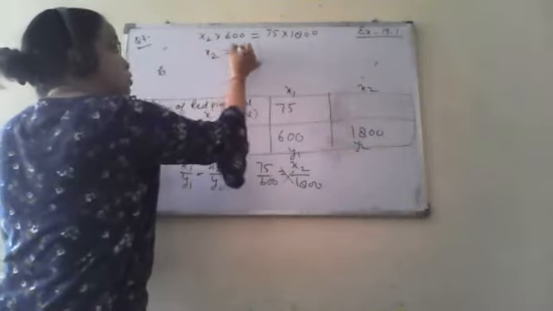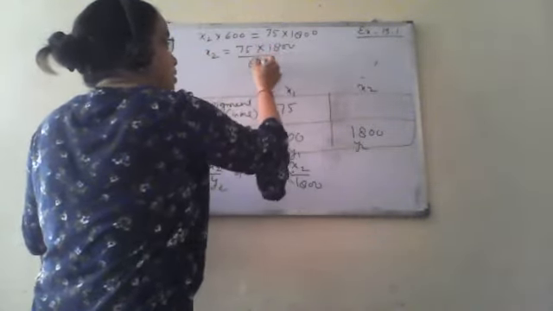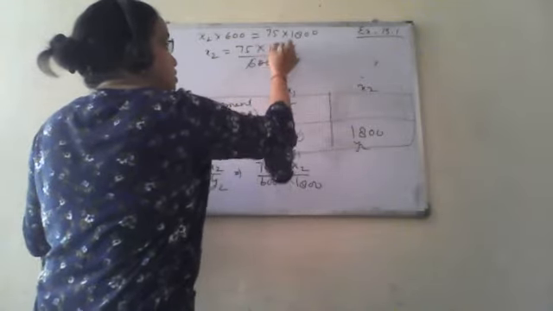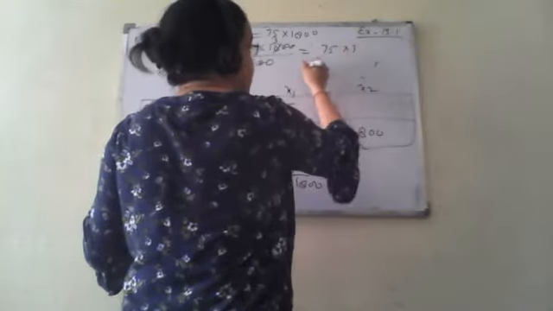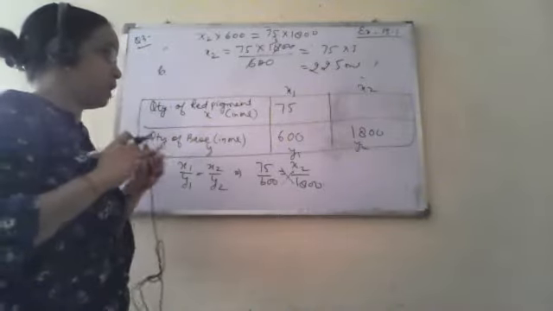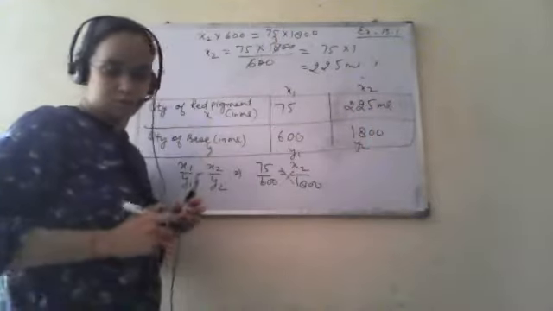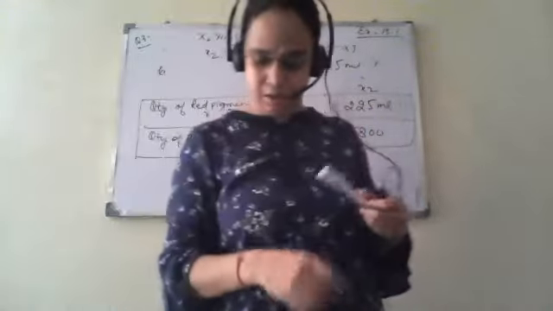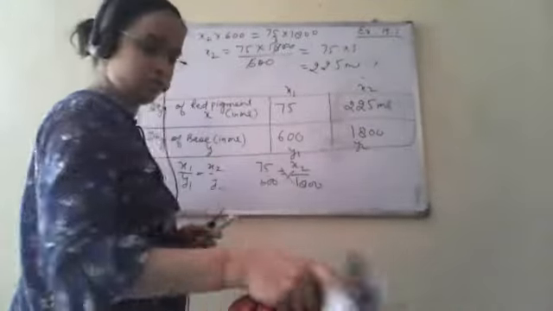Therefore, x2 equals 75 into 1800 upon 600, so this is 3, and x2 equals 75 into 3, that is 225 ml. Means for 1800 ml of base, the quantity of red pigment required will be 225 ml. Okay. So this is question number 3, and now we will move to question number fourth.